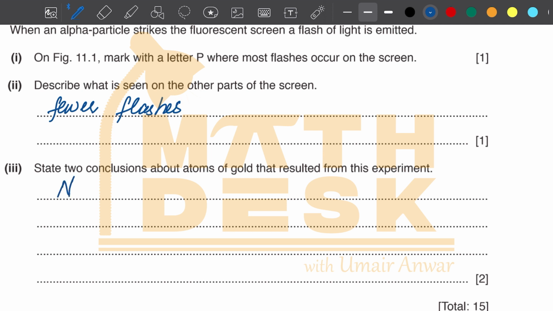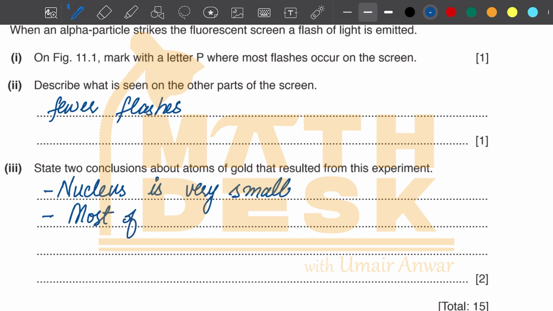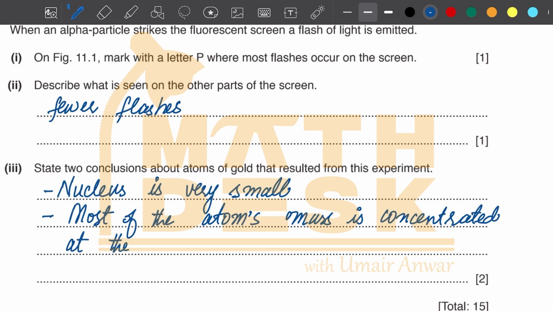So the first conclusion was that the nucleus is very small, and the second conclusion was that most of the atom's mass is concentrated at the center of the atom, called the nucleus.